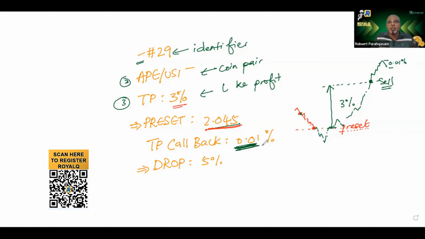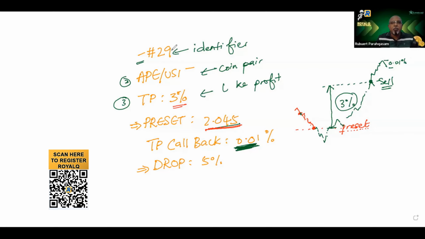It is so tight because we want to take profit as soon as possible. The moment it touches our target, with a slight movement in the other direction, we want the robot to sell and take profit. That's the reason why this is so tight. There will come a time when you will be adjusting all of this, but not now. For now, pay attention and understand what's actually happening.